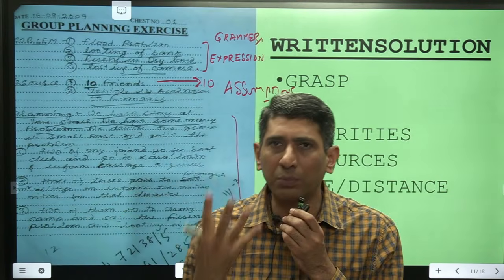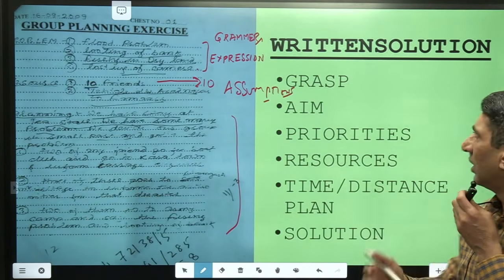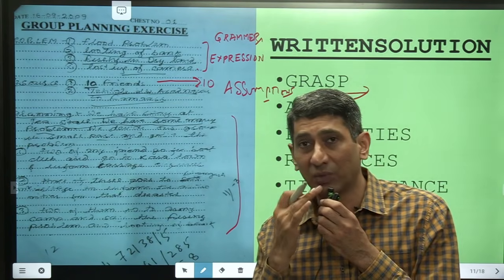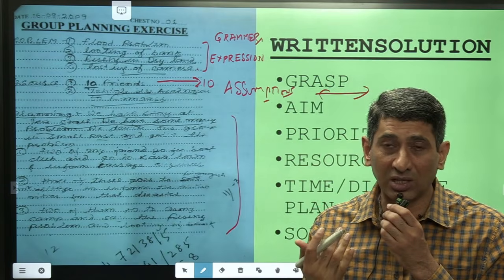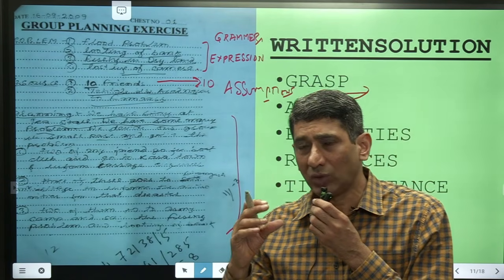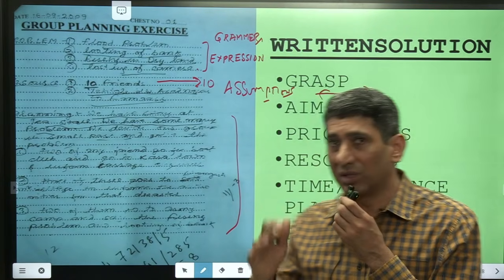There are so many inputs which are got by the GTO, and we generally get to know the grasp of the situation, whether the grasp of the candidate is complete, partial, or he is not able to prioritize properly. So these kinds of things come out.